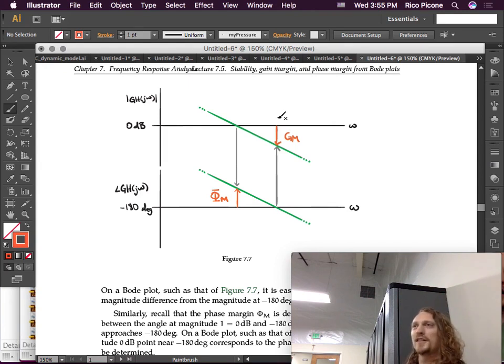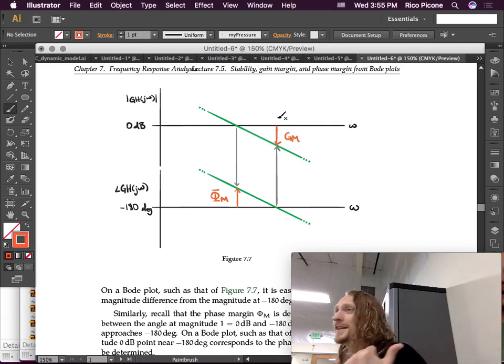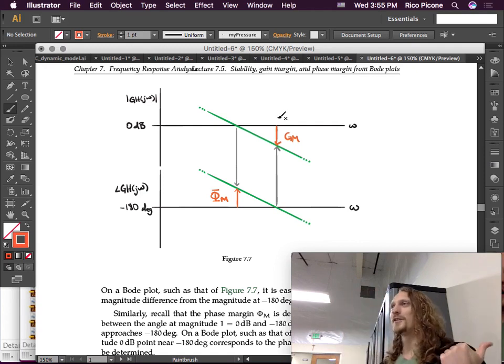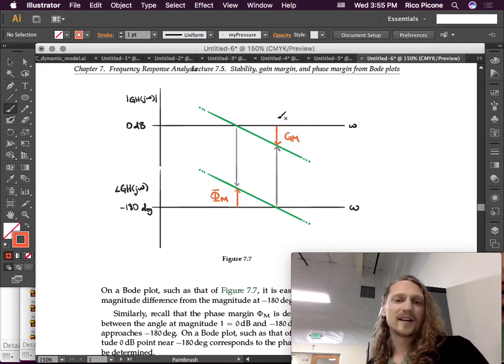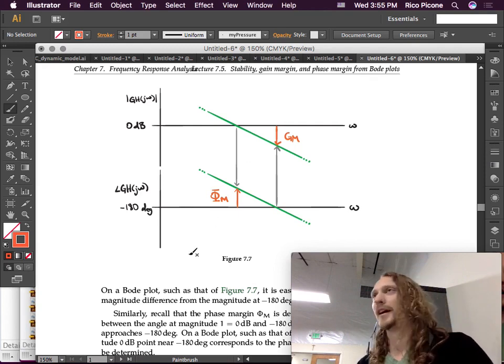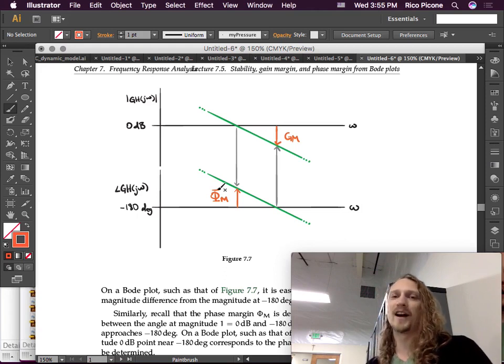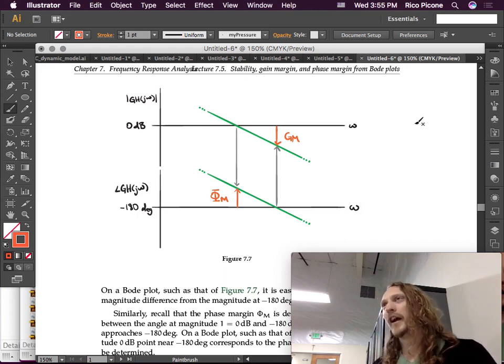So that's gain margin and phase margin from the Bode plot, but let's not forget that we have to be careful when we apply it. It's super easy if we just use the Bode plot, it's really nice. And we'll do an example in a moment, and we'll see that in MATLAB they'll even draw these lines for you. You don't even have to do it yourself. It's so ridiculous.